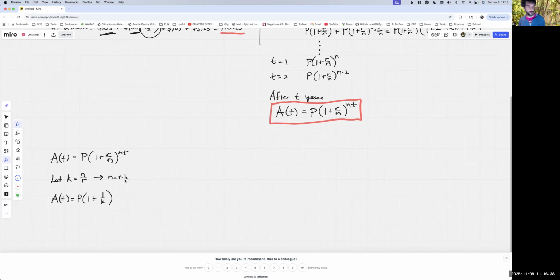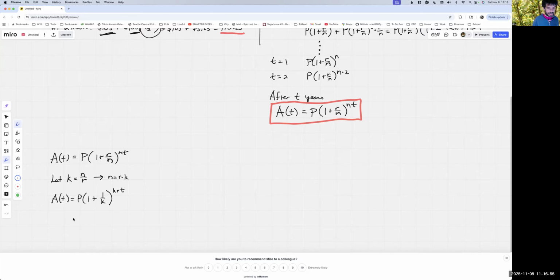We're assuming r is not 0. And so that means I can replace this n in the exponent with r times k, or actually I'll write it as k times r. And we still have our t there.